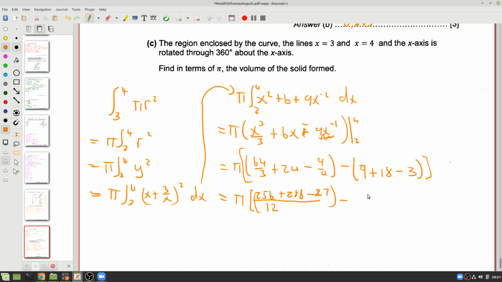Minus, and over here we've got 9 plus 18 is 27, minus 3 is 24. So 24 we can again write as 288 over 12. Okay, almost done. Pi, and then so we can combine this into, I'm going to do one extra step here. I'm just going to write everything down. 256 plus 288 minus 27 minus 288 over 12.